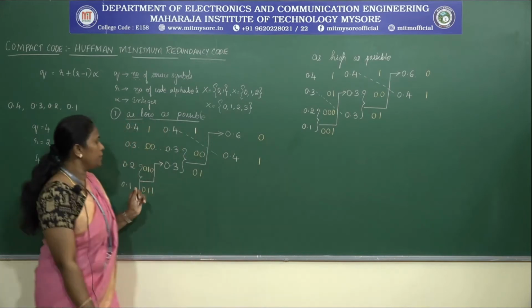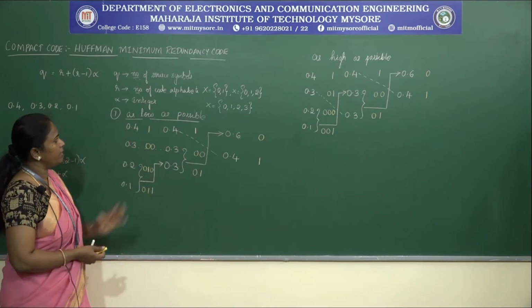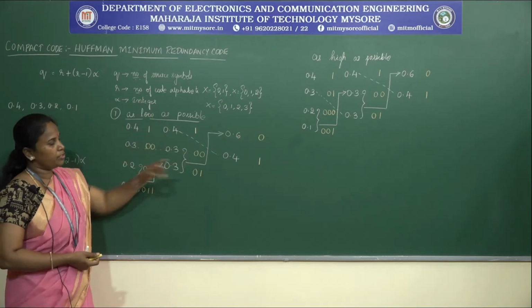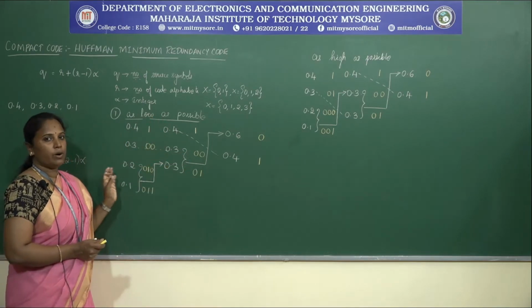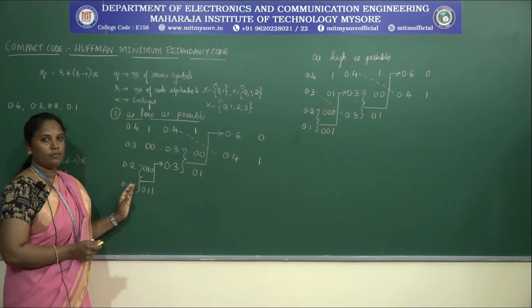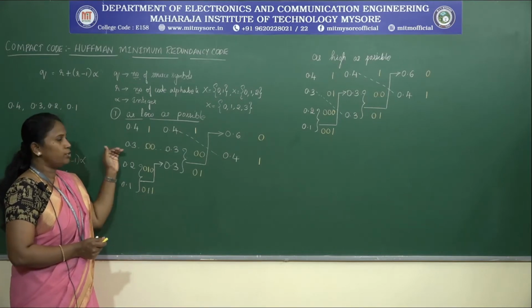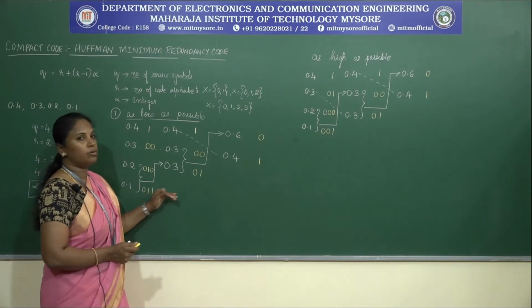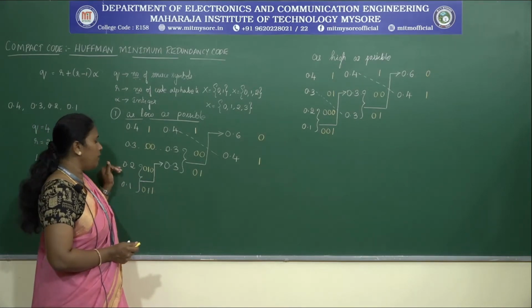If you look at the two conditions, as low as possible and as high as possible, the only difference is the placement of the probabilities. In the case of as low as possible, you place the probability downwards depending upon the sum.